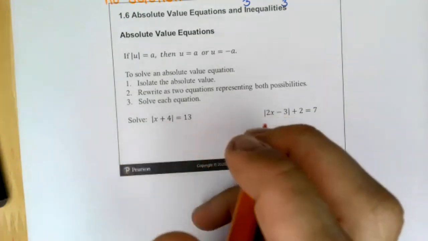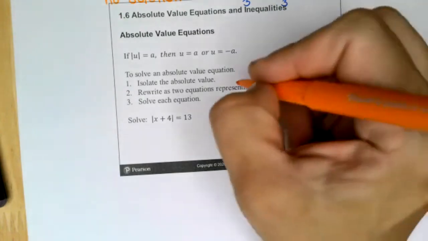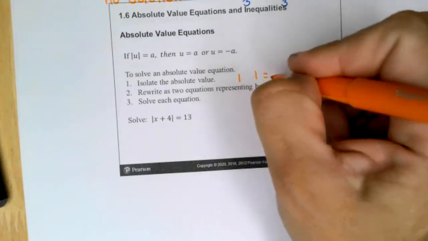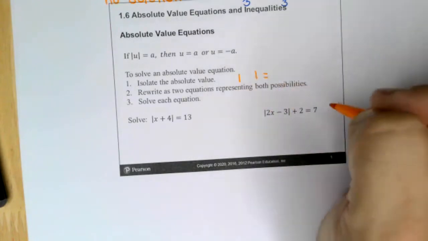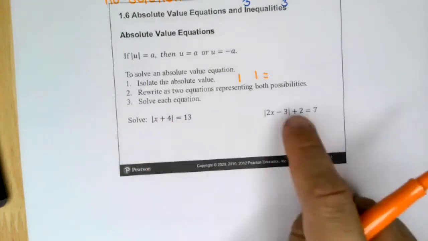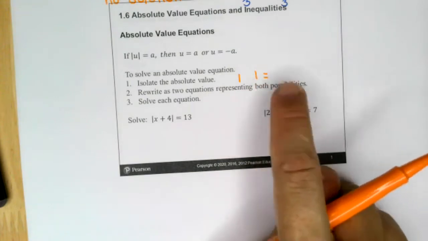Here are the steps to solve the absolute value equation. First, isolate the absolute value. That means you want this alone, equal to something. This is isolated. This is not isolated because you have the 2 on the same side as the equal sign.